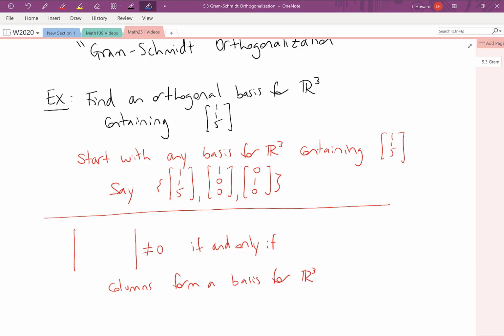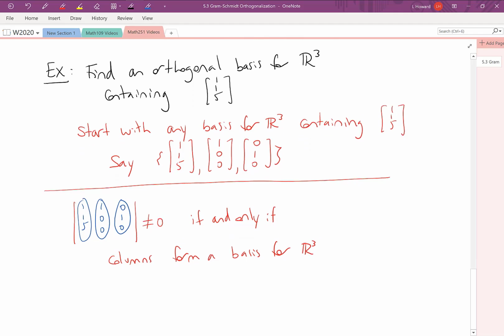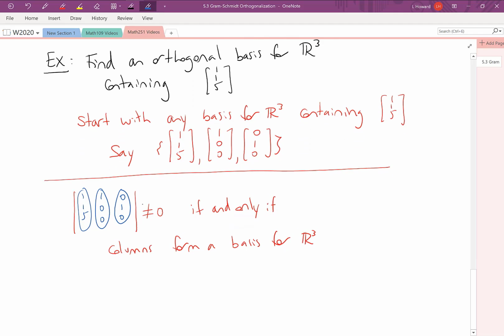So if we were to put these vectors 1, 1, 5, 1, 0, 0, and 0, 1, 0 into the columns, this determinant is going to be non-zero exactly when these vectors form a basis for R3. So it would be good enough just to calculate this determinant. If you calculated it, you would find that it comes out to a non-zero value, and that's what tells you for sure that the columns form a basis for R3. And let's say that justifies starting with this set here.